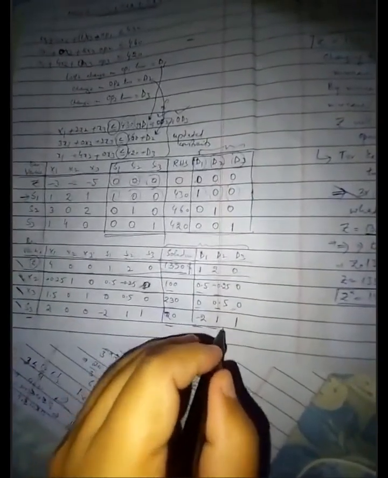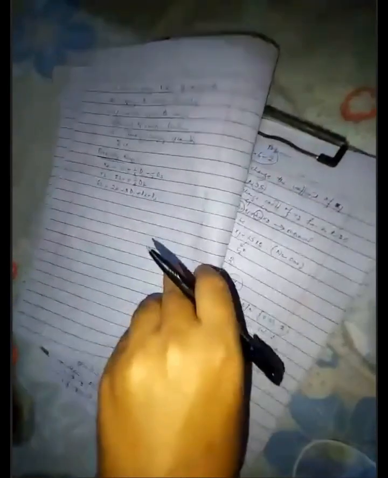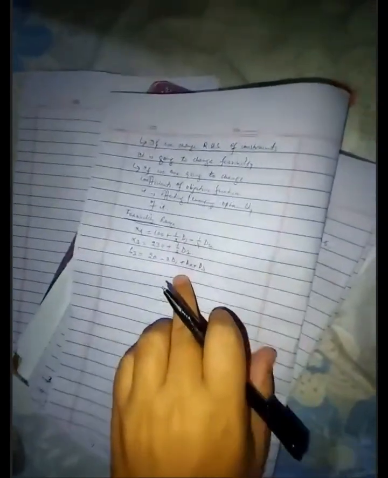This is Z. For Z we have 1350 plus 1d1 plus 2d2 plus 0d3. For x2 we have 100 plus 0.5 d1 minus 0.25 d2 and 0 d3. For x3 we have 230 plus 0 d1 plus 0.5 d2 plus 0 d3. And for s3 we have 20 minus 2d1 plus d2 plus d3. So we wrote the same equations over here for the feasibility range.